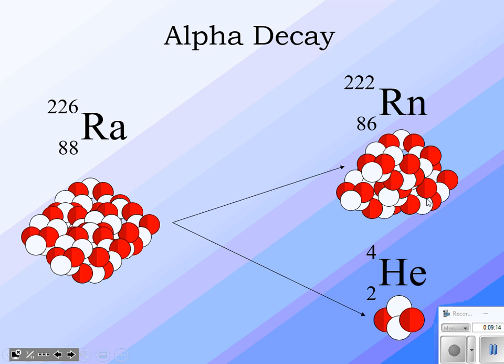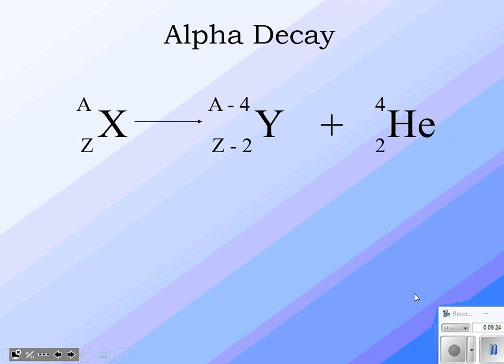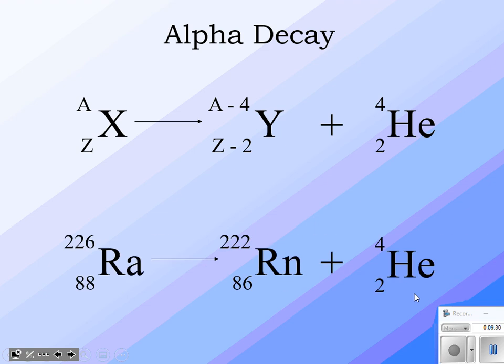Alpha, that's how we recognize alpha decay. There's always going to be a helium released. So, if I look at this, here's my equation once again that I told you to write down in your notes. Right here is what I just showed you.